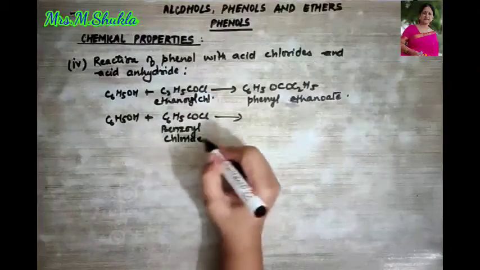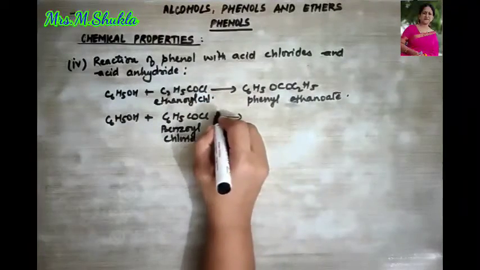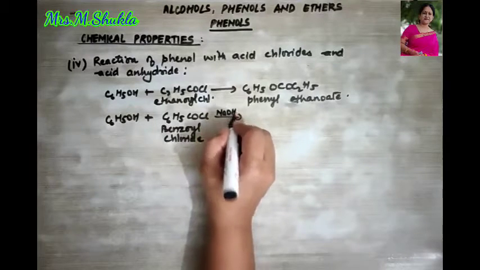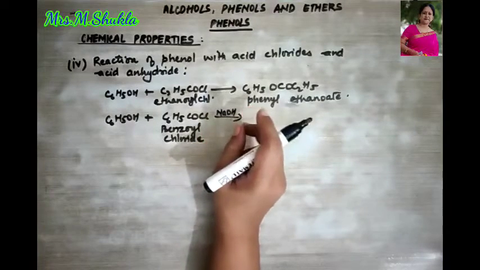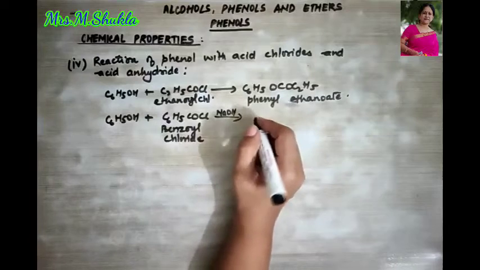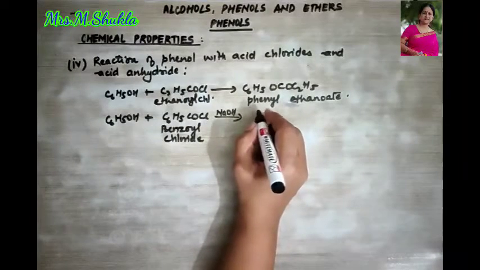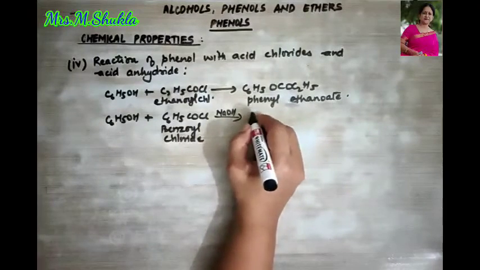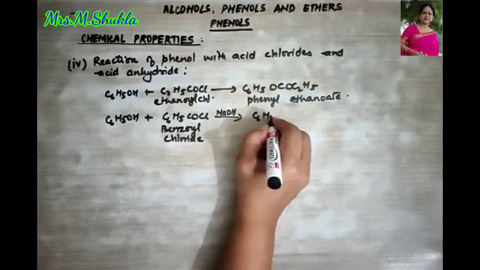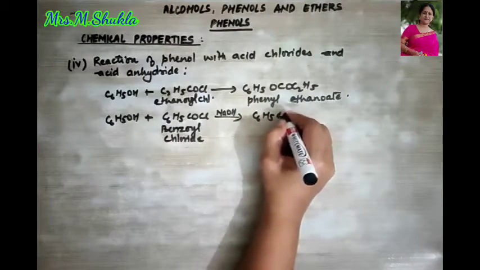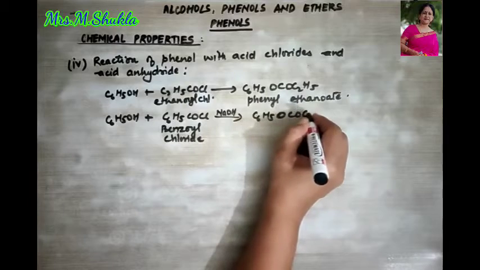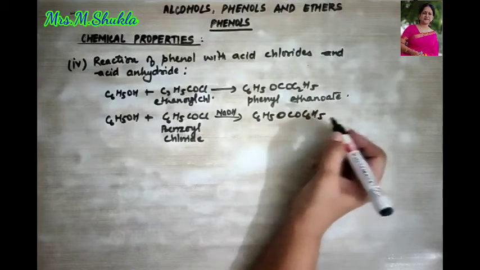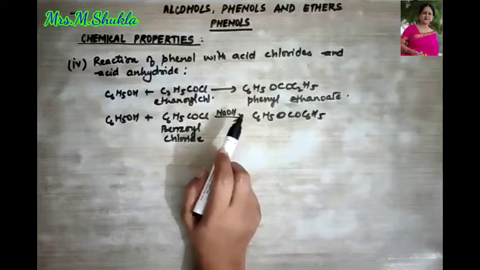So this process takes place in the presence of NaOH, that is sodium hydroxide, and this is also going to form an ester called phenyl benzoate, C6H5OCOC6H5, right?